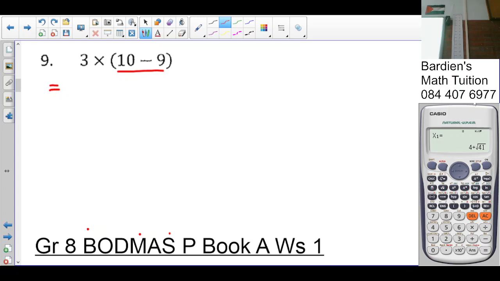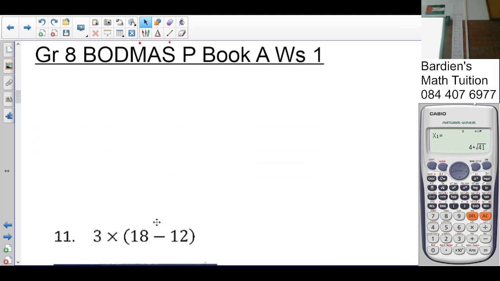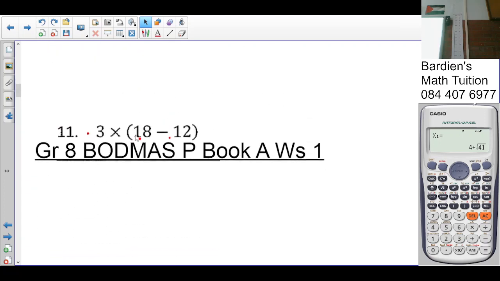But make it a habit so that we can see what you are doing. So later on there will be no brackets. Okay, so it will be 3 multiplied by 10 minus 9? 1. What's 3 multiplied by 1? 3. Who says 1? Okay, so you guys understand, eh? So any confusion? No?